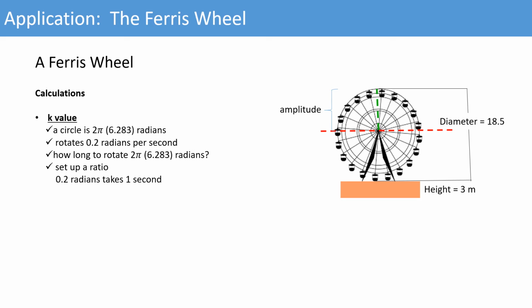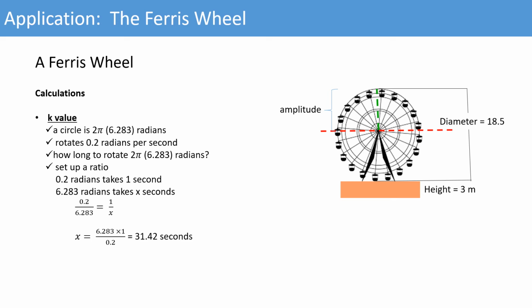0.2 radians takes 1 second. 6.283 radians takes, therefore, x seconds. 0.2 to the ratio 6.283 is equal to 1 over x.